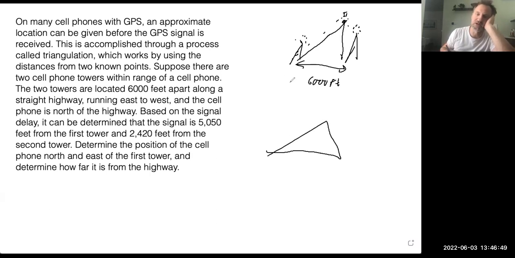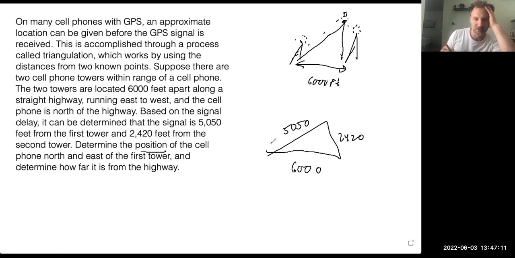So now I don't need my towers anymore. I'm just going to put the sides in. So this is a law of cosines problem, because I'm asked to determine the position of the cell tower north and east of the first tower.